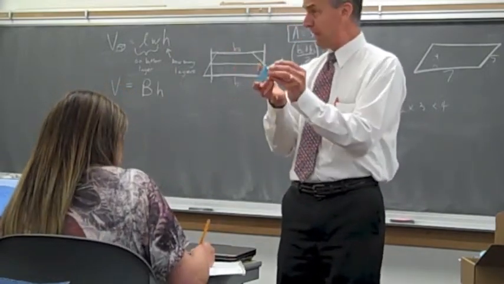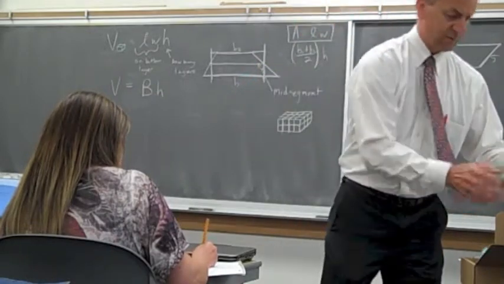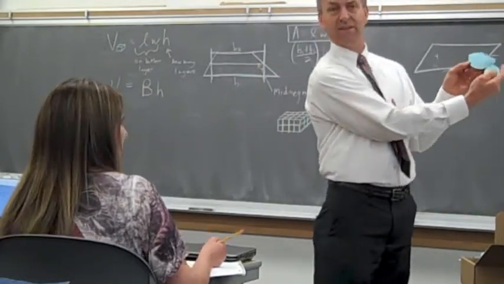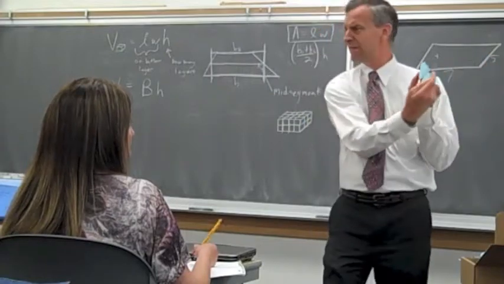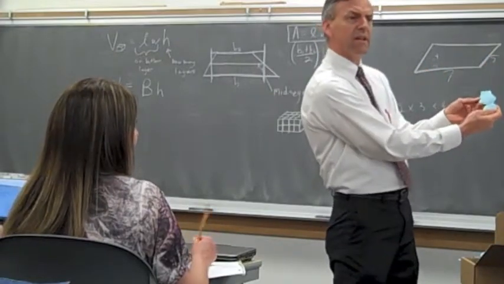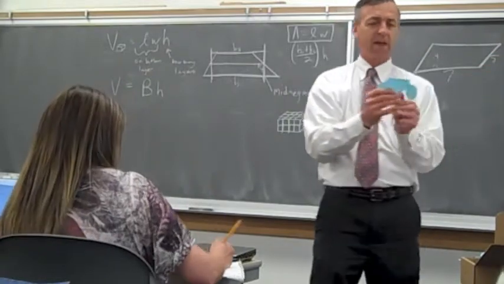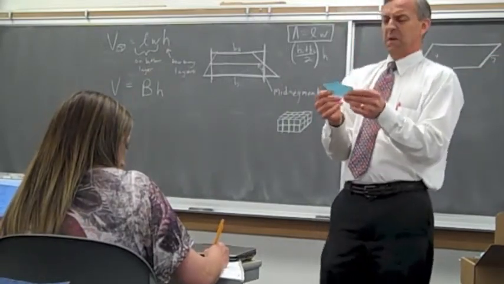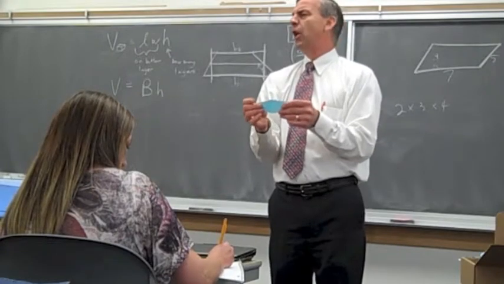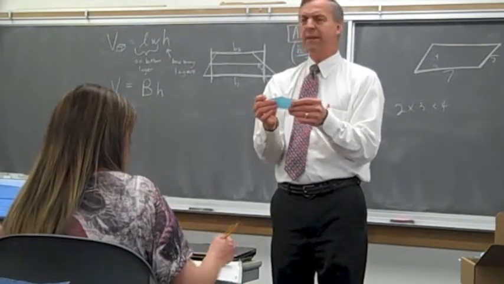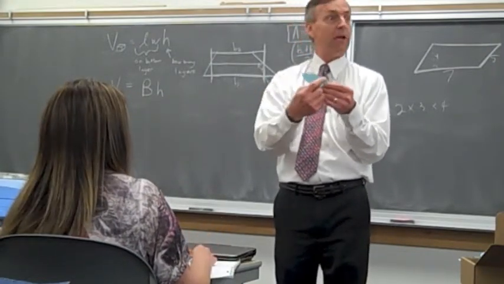A circle for the base, and what would you call that shape? A sector. Good, she's using the right words. A sector of a circle. But do we even know what the radius of the circle is, and do we know the angle?